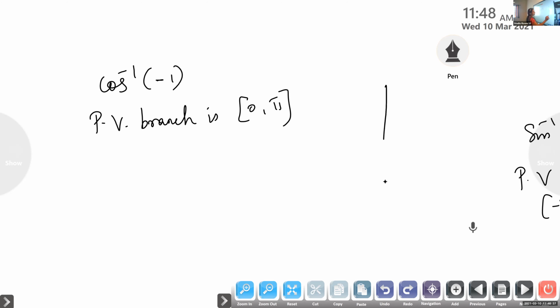So 0 to pi means first quadrant and second quadrant. Now cos is negative. So what are the two possible quadrants? In which quadrants is cos negative? Krishna Chandran.